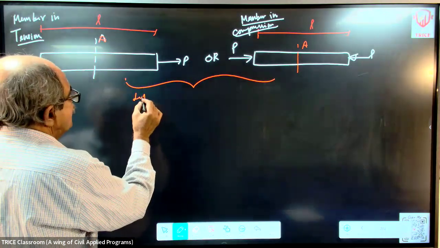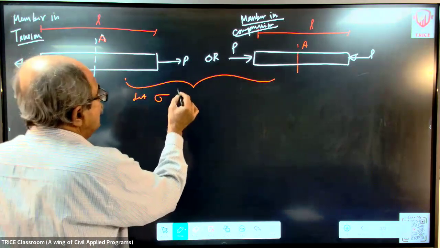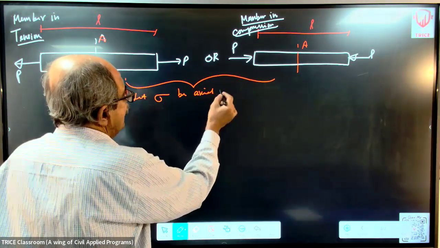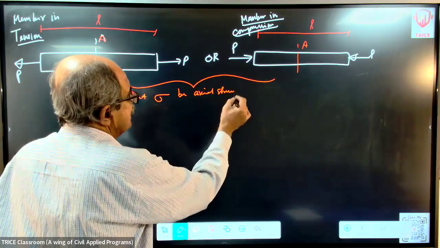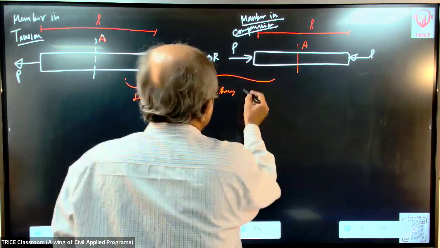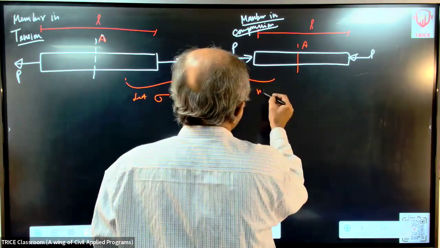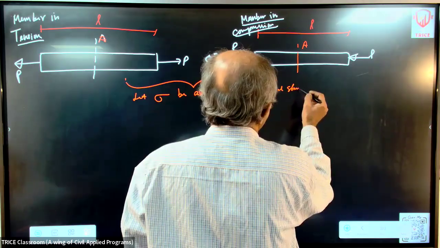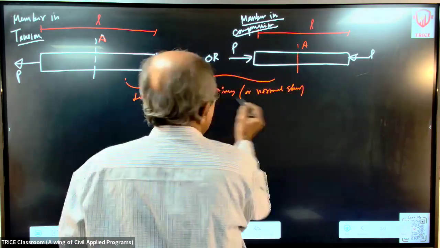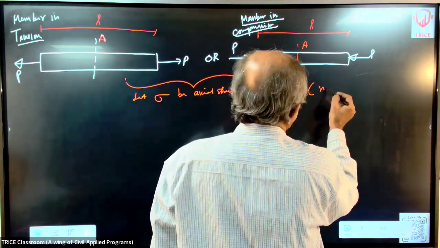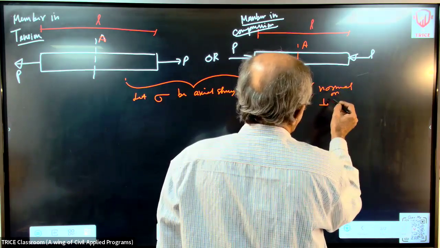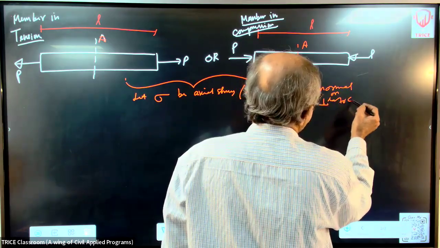Let sigma be axial stress, or it is also called normal stress, because it is normal to the cross section. Normal means perpendicular to the cross section.